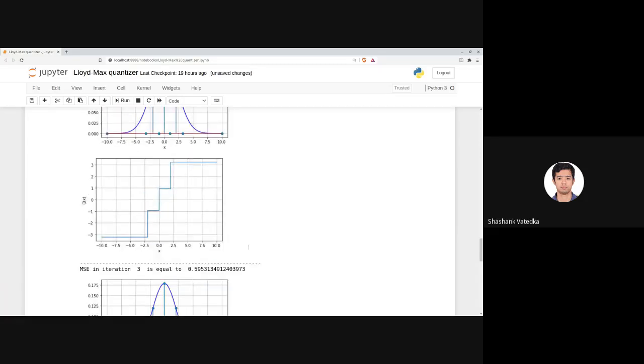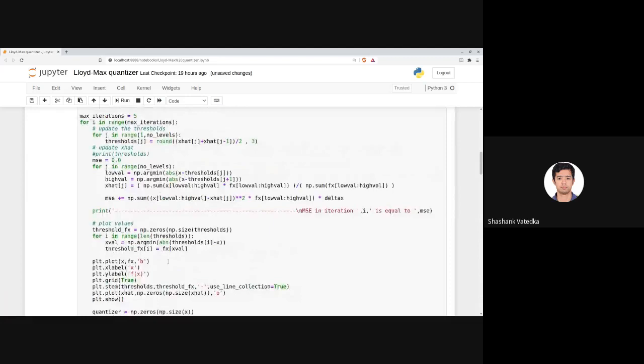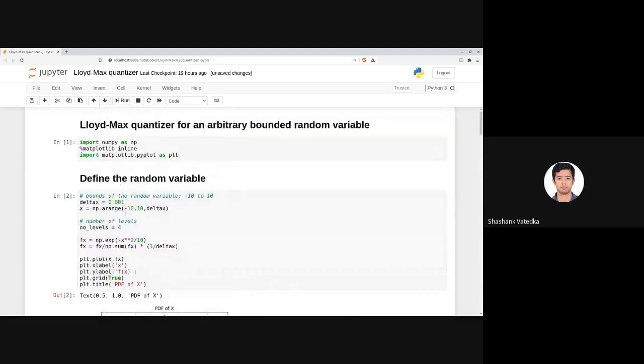Let's do this for some other density. Let's pick a weird looking density, say minus x squared whole square by 10.